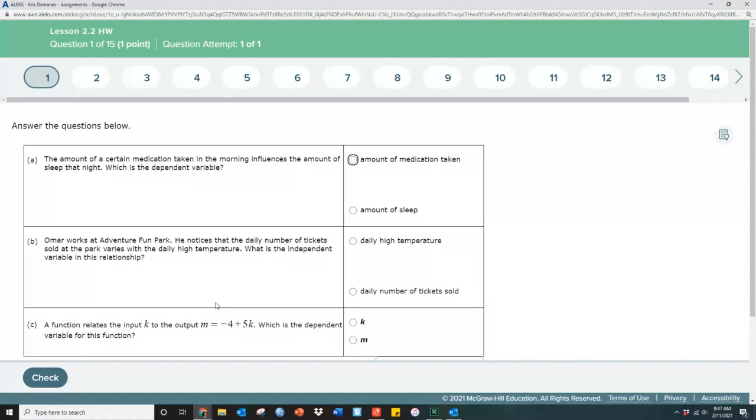I mean, give me an answer. What would be the dependent variable? Remember, keep on asking yourself the question. The dependent variable is what's going to be influenced by something else. So which one do you think it's going to be?